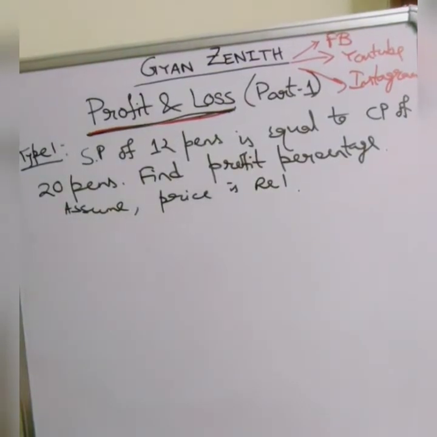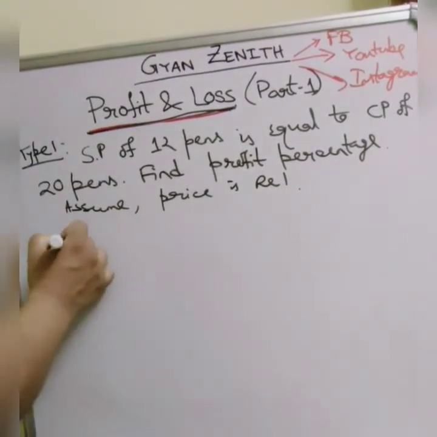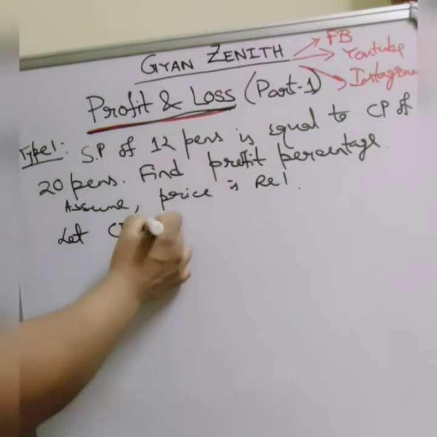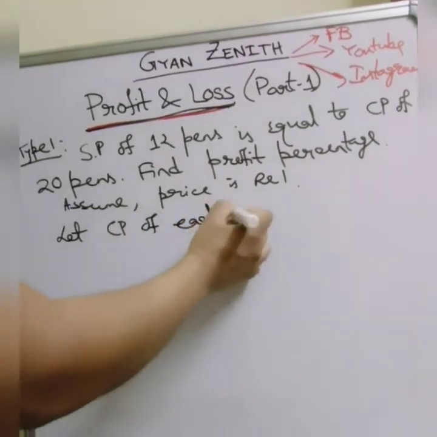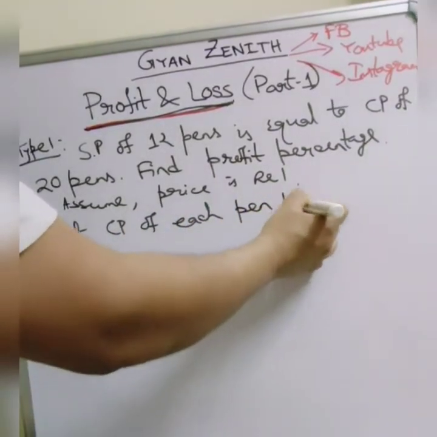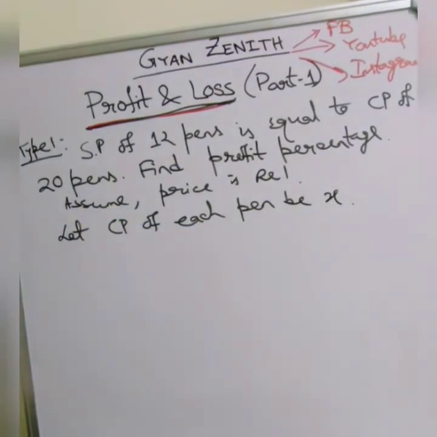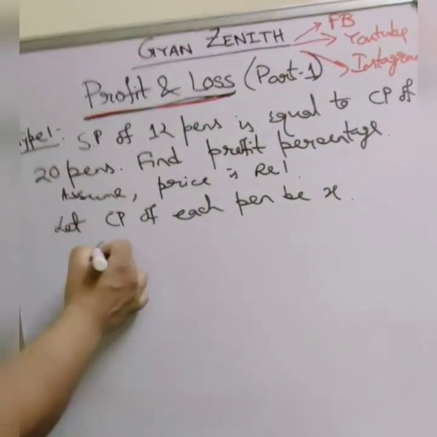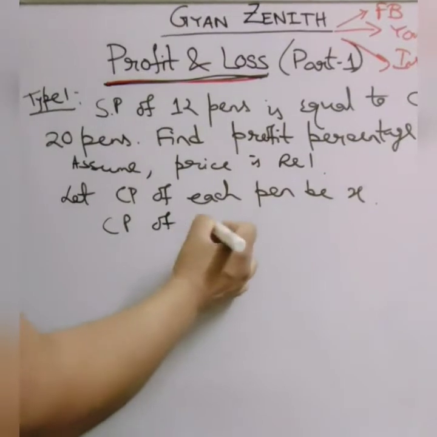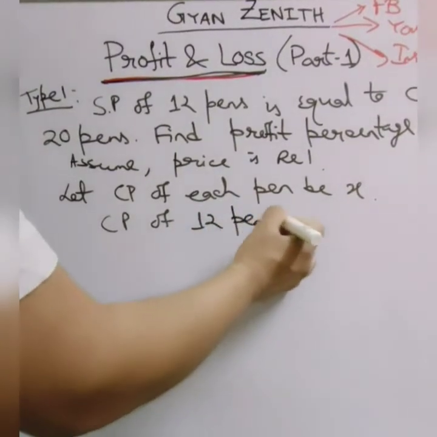Okay. So now let CP of each pen be X. Then what is the CP of 12 pens? So CP of 12 pens will be 12X.